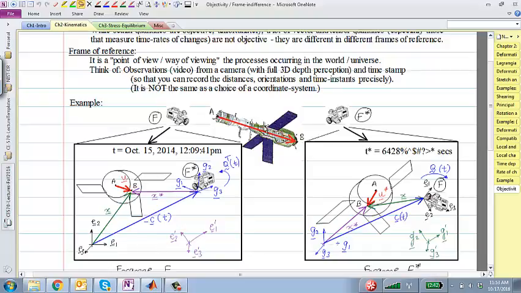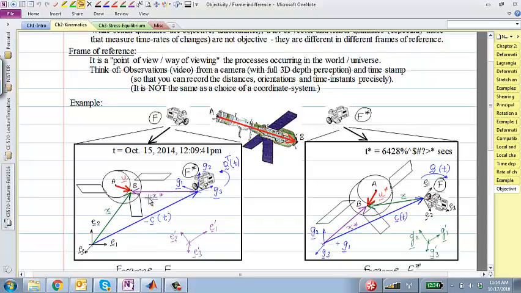The three-dimensional image that one frame of reference records is from its own point of view. We see that body here, and we also see the other observer here.